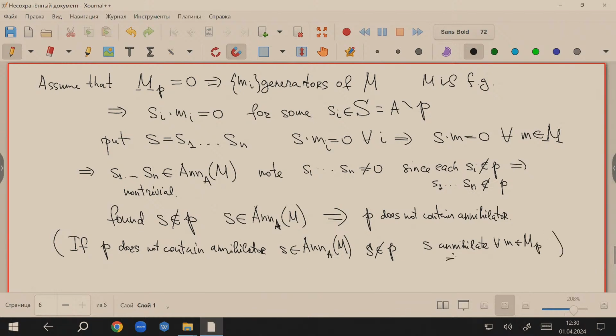So this means, and it is invertible. Yes, invertible. This means that the localization is 0. So this proves the statement about the support.